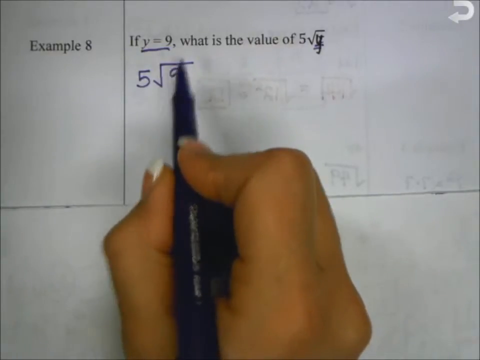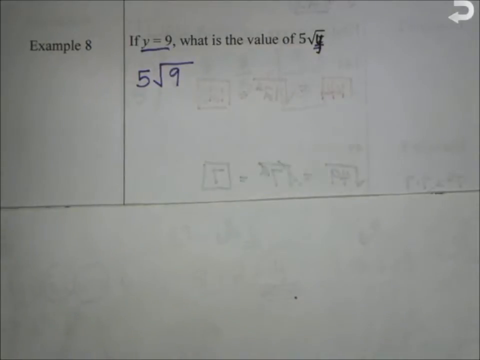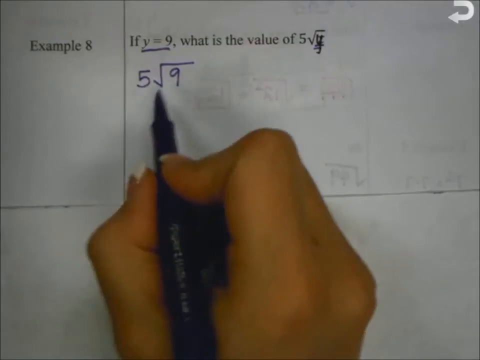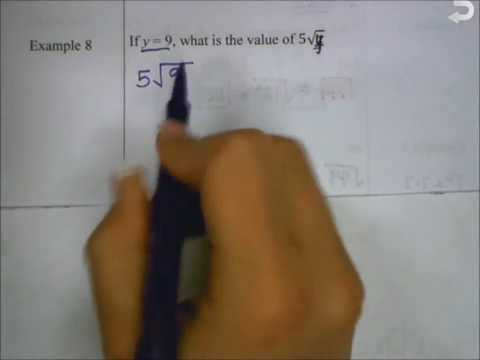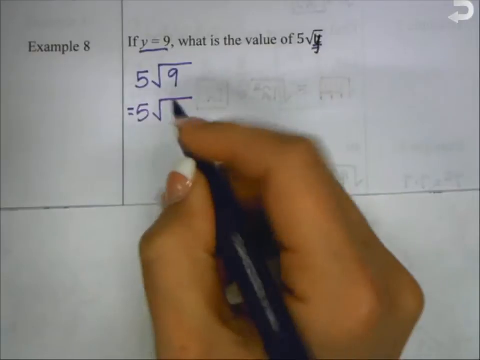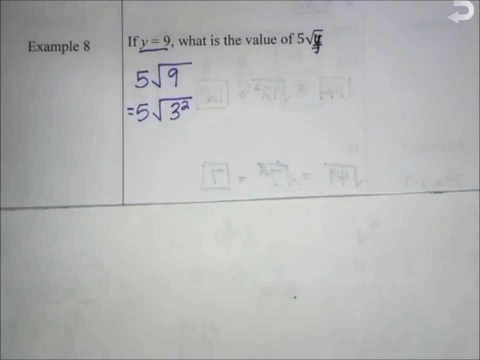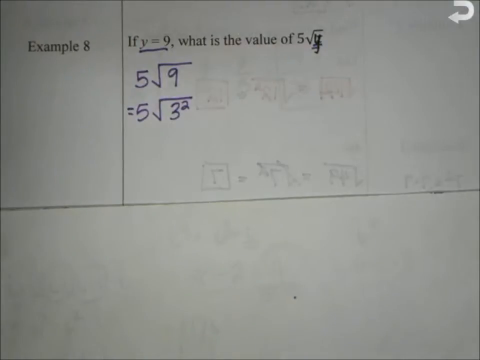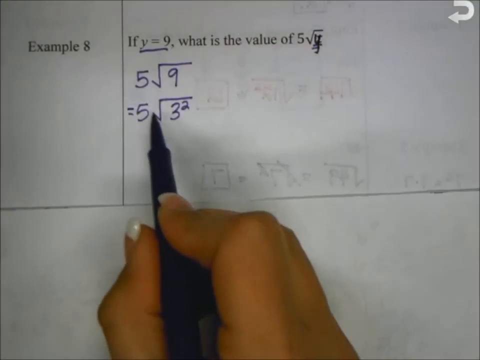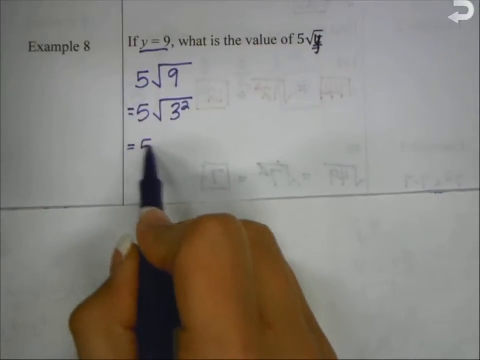So what times itself gives me 9? 3. So 5 square root 9 is the same as 5 times the square root of 3 squared, which is the same as 5 times 3. And 5 times 3 gives me 15.